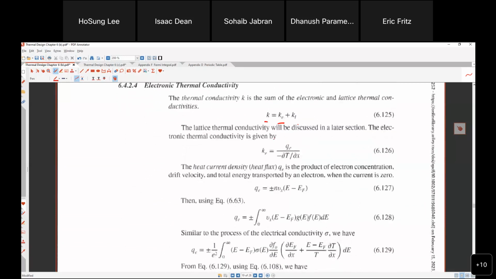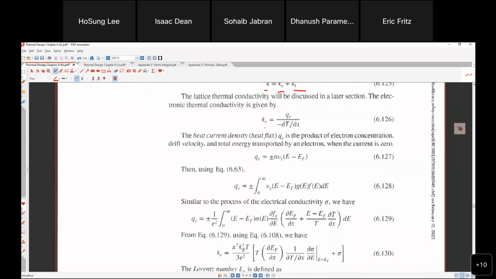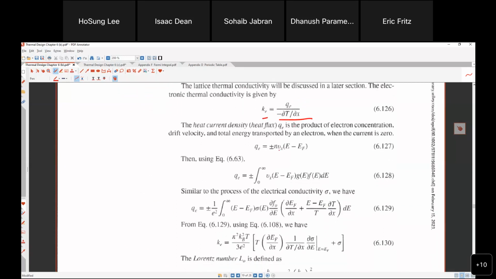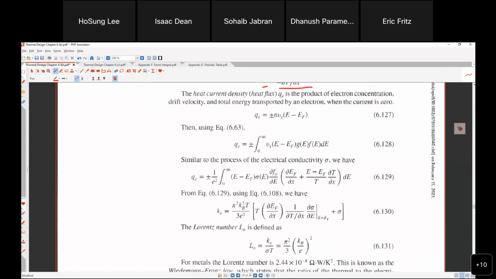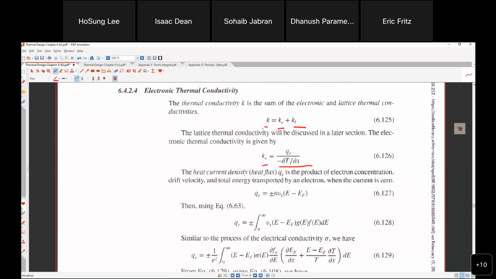Conductivity is electronic and lattice. So we try to define the electronic first of all. And eventually today we're going to look at the lattice.